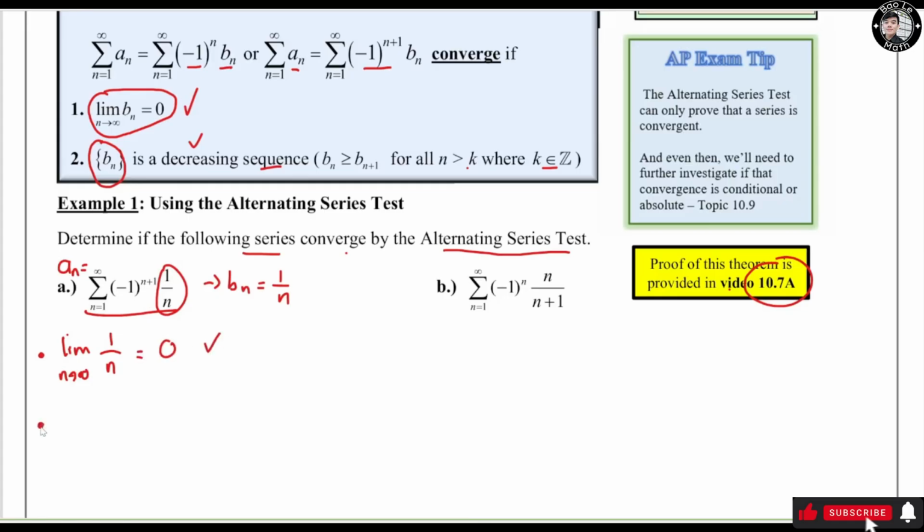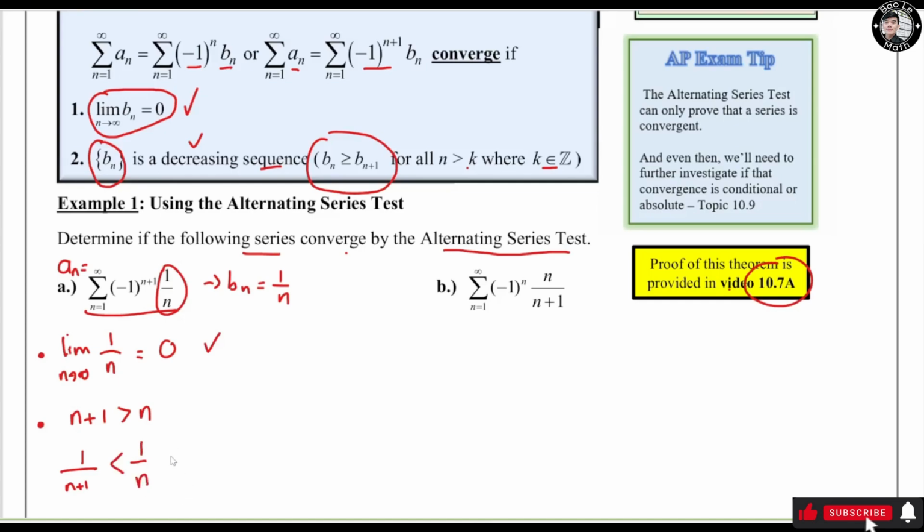Now number 2, we're going to verify this one right here. So I have n plus 1 greater than n. Now I'm going to take the reciprocal of both sides, so I have 1 over n plus 1 less than 1 over n.